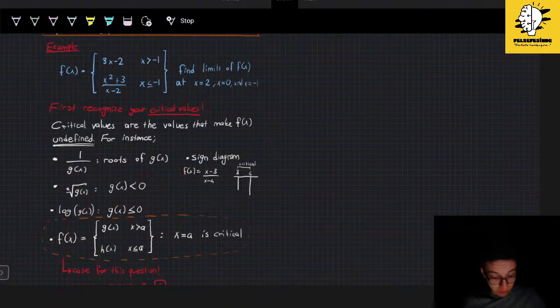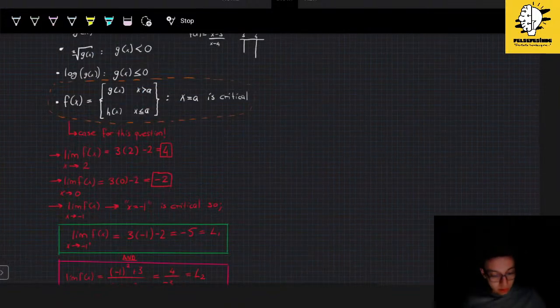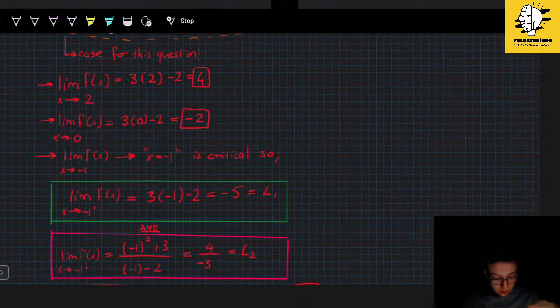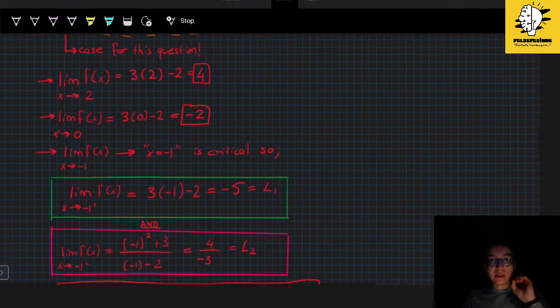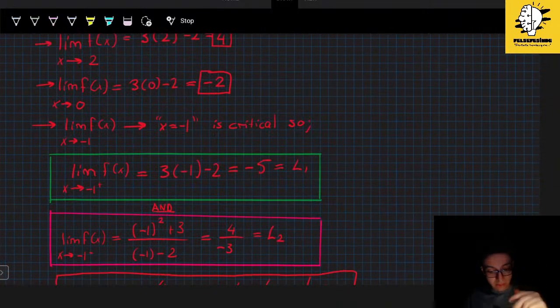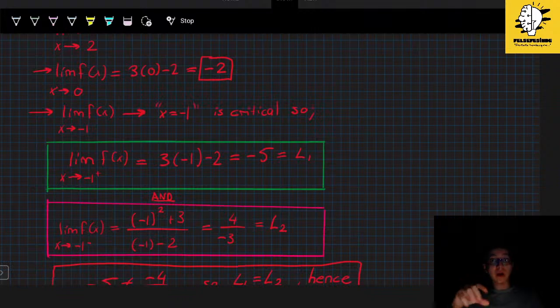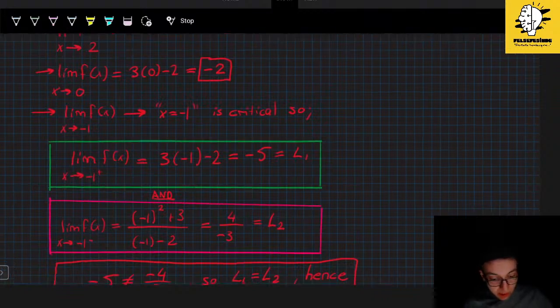Let's see how it worked. I once again used color coding. Green means minus 1 with a plus sign and minus 1 with a minus sign. Therefore, a limit exists only if the result, the limit that we find in the green box and the pink box, are equal. We substituted minus 1 into approaching from the right-hand side.